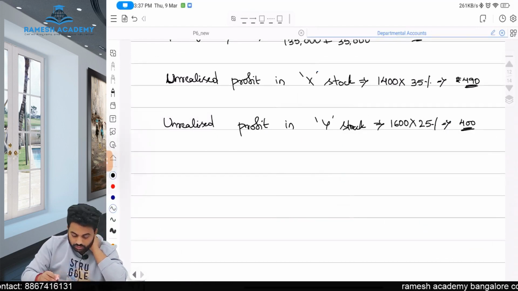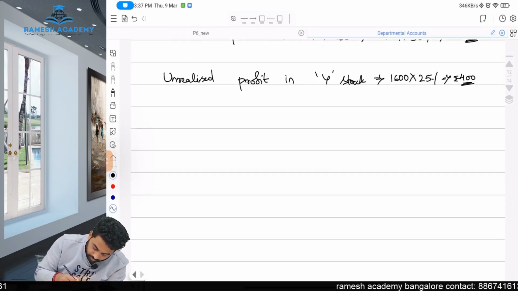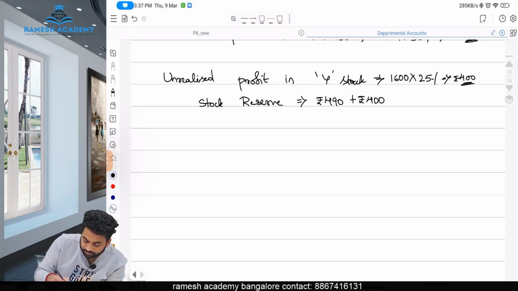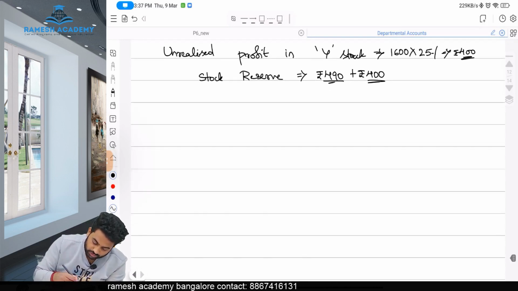So all together, how much is the stock reserve? Stock reserve is equal to rupees 490 plus rupees 400. Now, how much is the closing stock available?